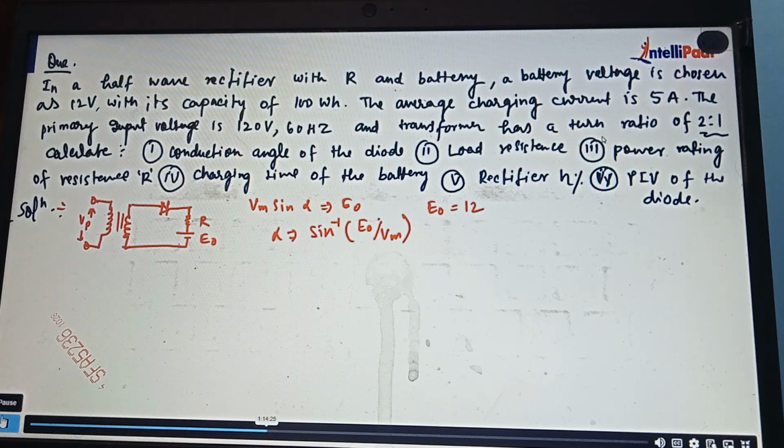Can you calculate? I put all these values.